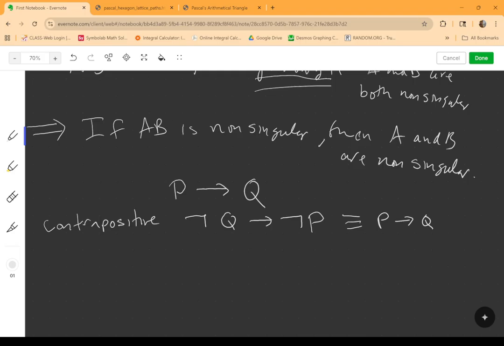So in terms of our statement, that means we negate the conclusion. The statement I'm going to prove: now this is an and statement, and the negation of that is or.